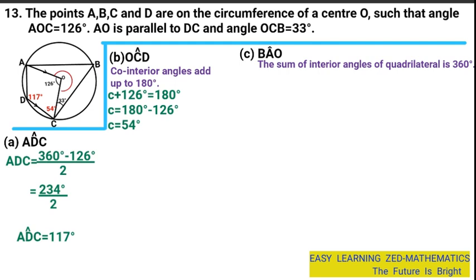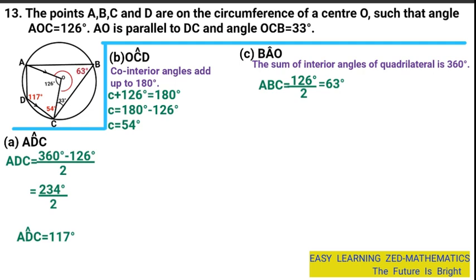So angle ABC is half of 126. Angle ABC is equal to 126 divided by 2, which is 63 degrees. So angle ABC is equal to 63 degrees.